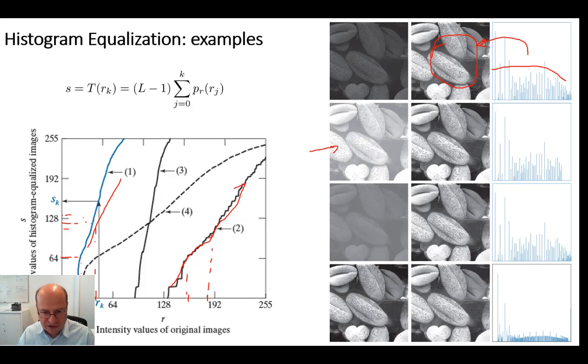So now it's getting a wide range of very bright pixels and mapping them to a more darker portion here, creating a more detailed image.